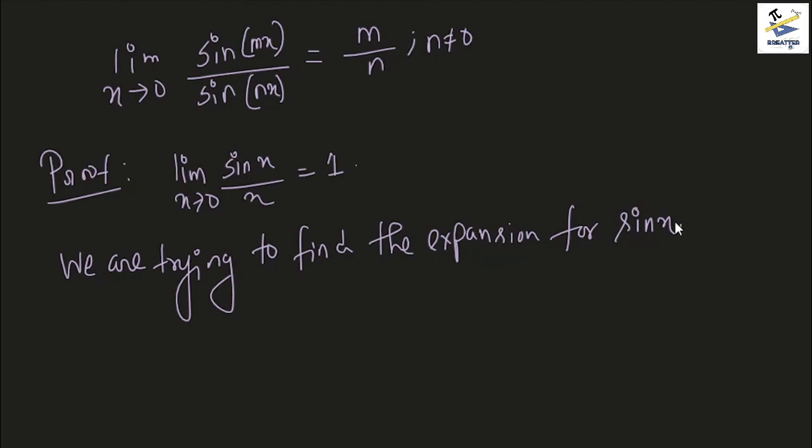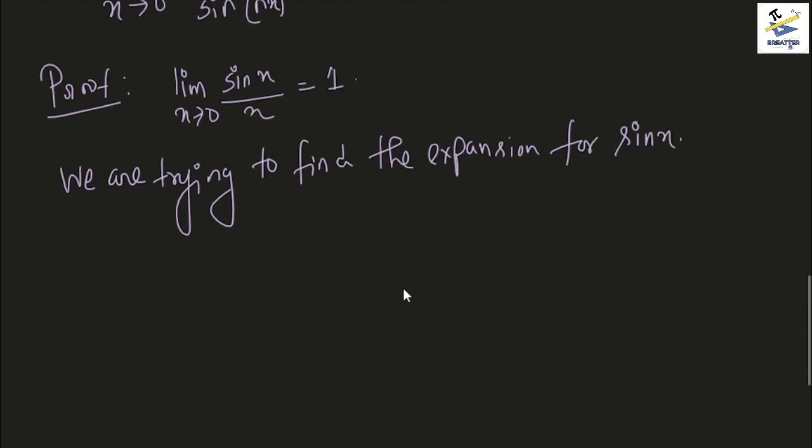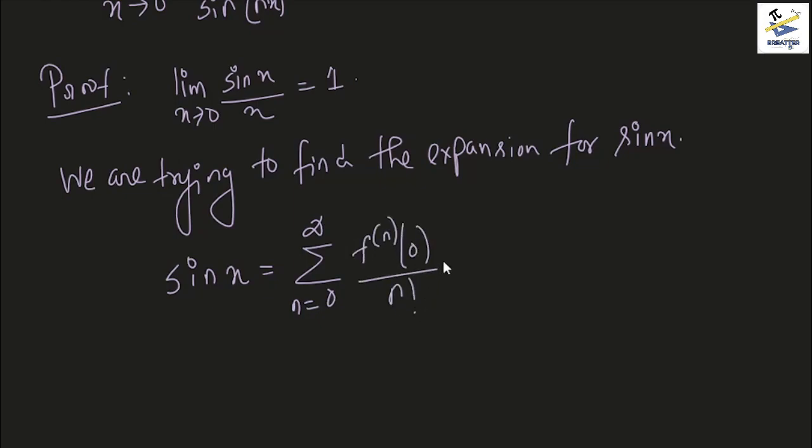Right. So we're trying to find the expansion for sin x, and to do that we again need to consider our Maclaurin series, which is like sine of x should be equal to the sum from n equals 0 to infinity of f^n(0) by n factorial into x to the power n. In this case x belongs to R because sin x is defined and convergent for all values of x.